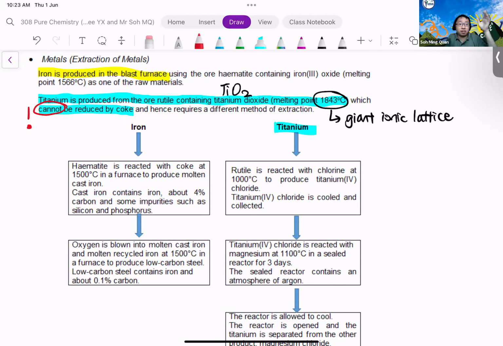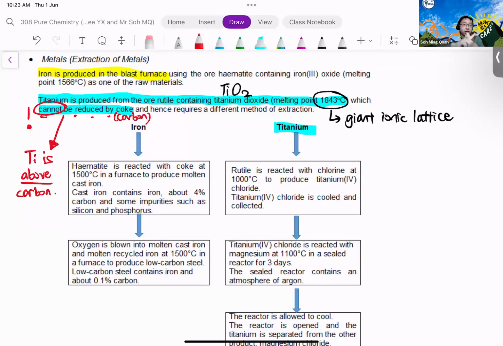Coke forms CO. CO then reduces hematite. But titanium cannot be extracted the same way. Titanium cannot be extracted by carbon, which immediately means titanium is above carbon in the reactivity series. If it's above carbon, it cannot be reduced by carbon.